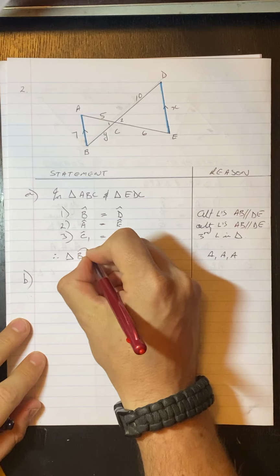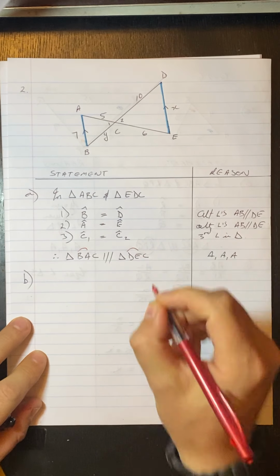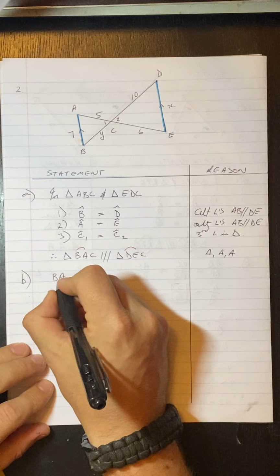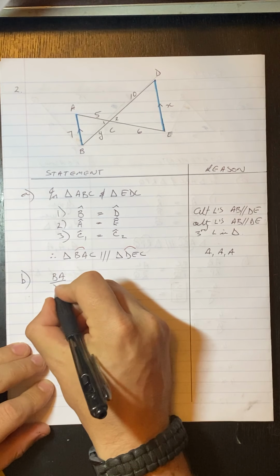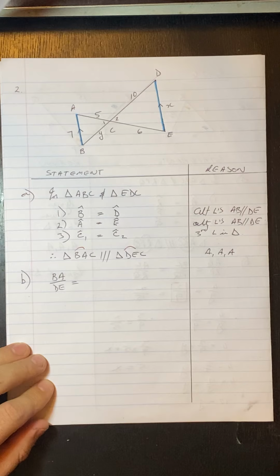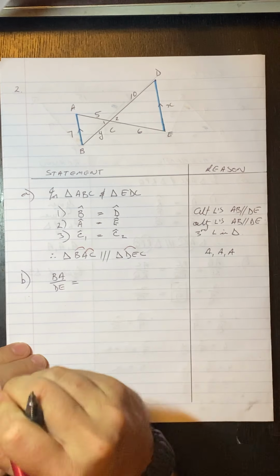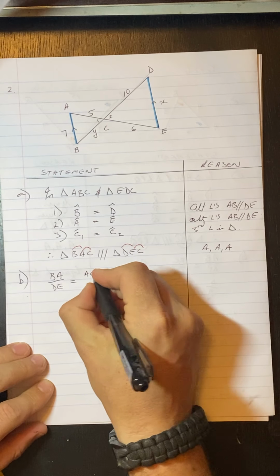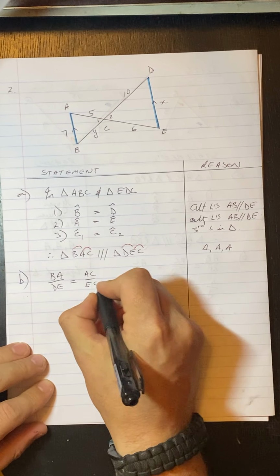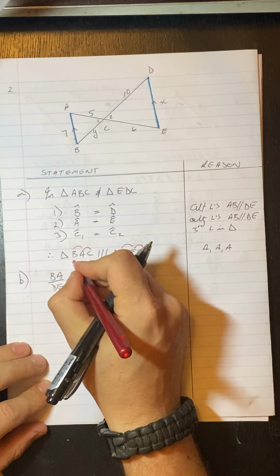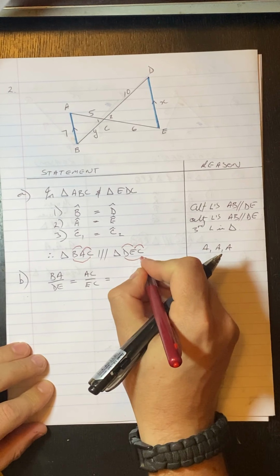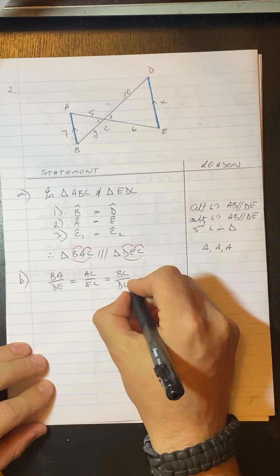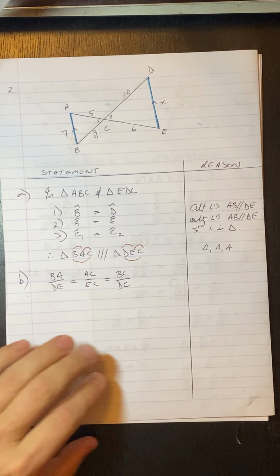So my first hop, BA over DE will be equal to AC, the next hop, over EC. AC over EC will be equal to BC over DC. My reason for this, equiangular triangles.